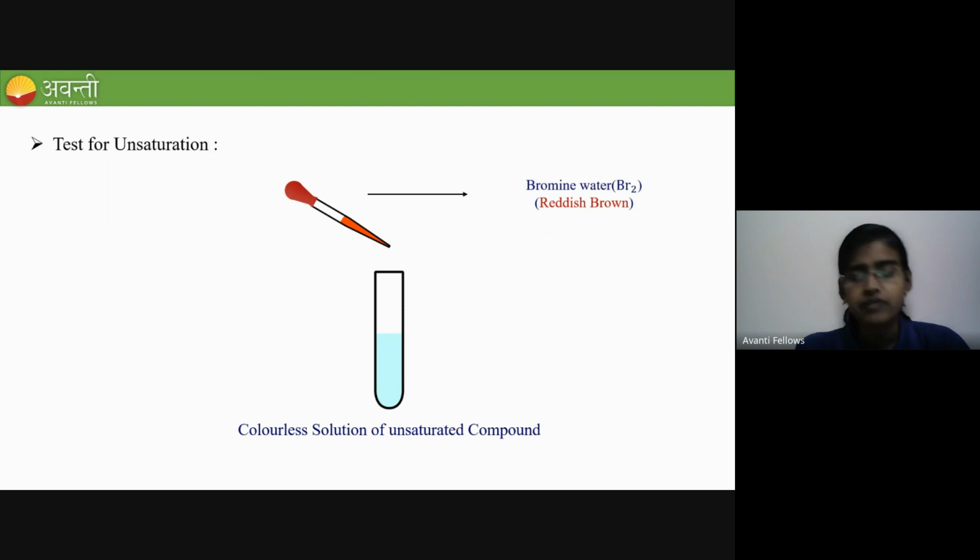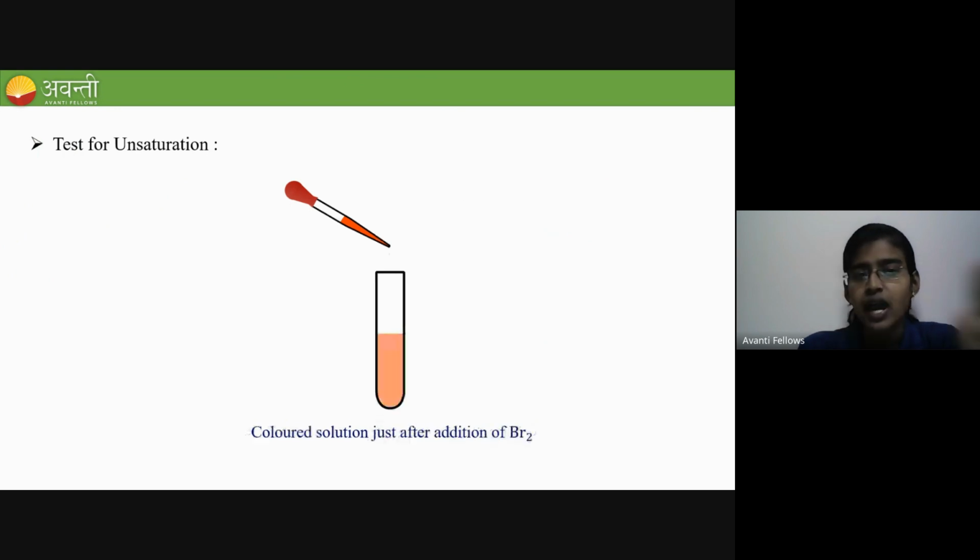Let me add one drop of that bromine water. Now it is getting added to that unsaturated compound, and the color of the solution is changing from colorless to some kind of brownish color.